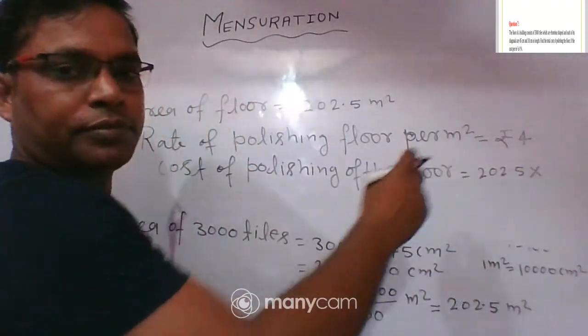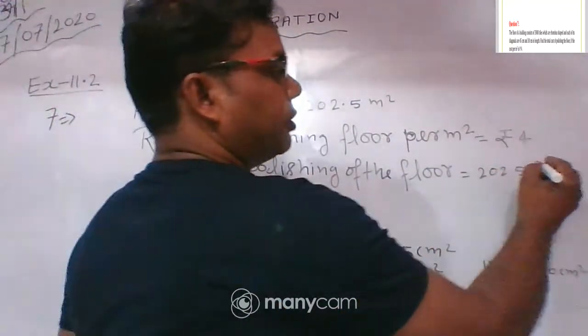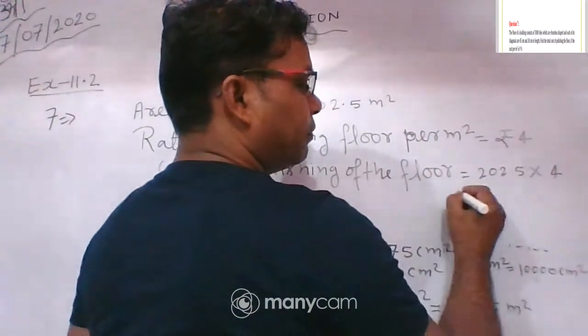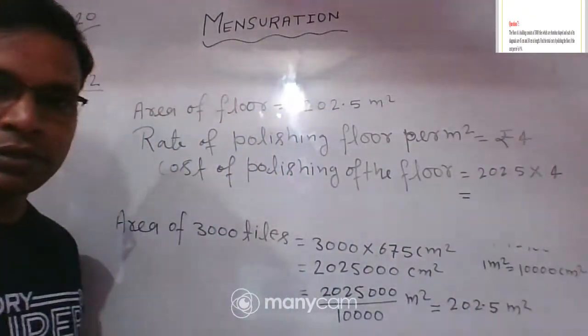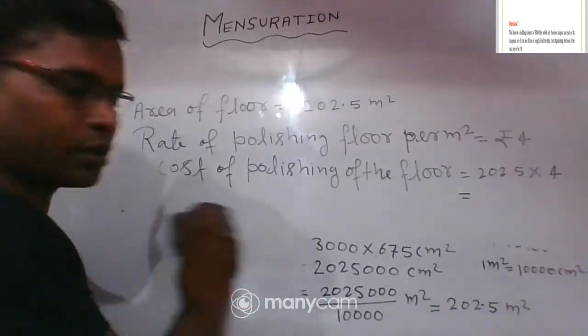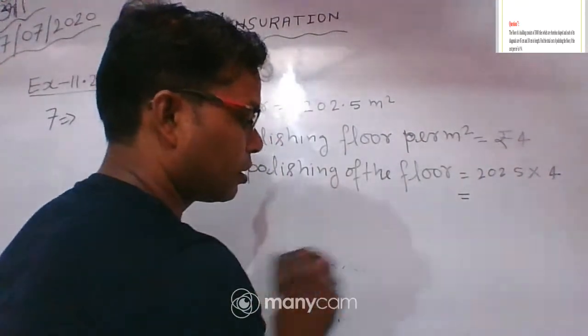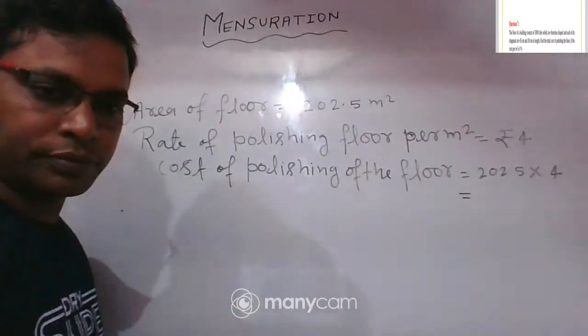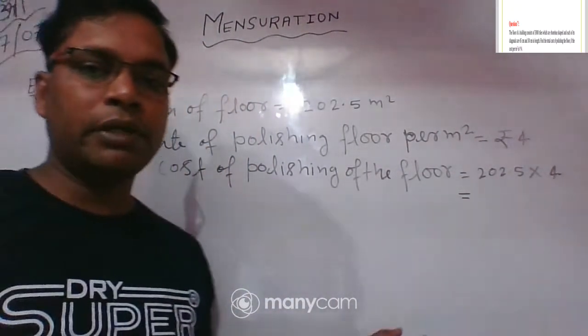And what is the rate? Rate is 4 rupees per meter square. So here multiply by 4. Clear? So what is the multiplication? Tell me.